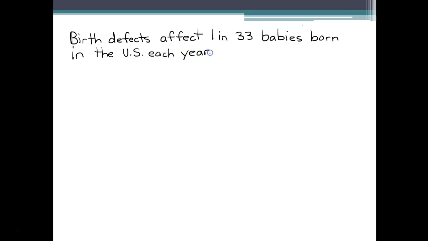All right, so birth defects affect 1 in 33 babies born in the U.S. each year. What is the probability that a baby born in the U.S. will have a birth defect? Well, the way it's worded tells you 1 in 33.